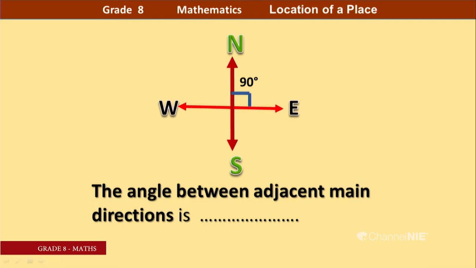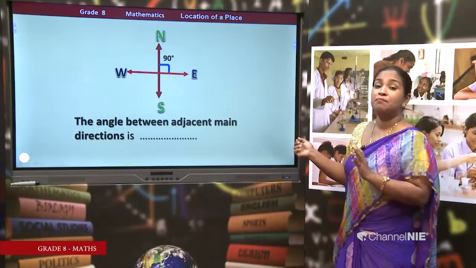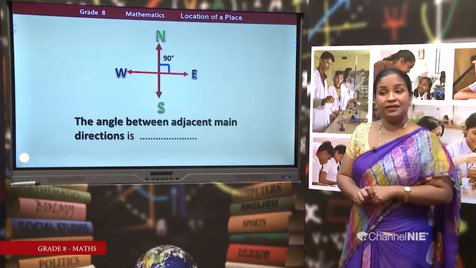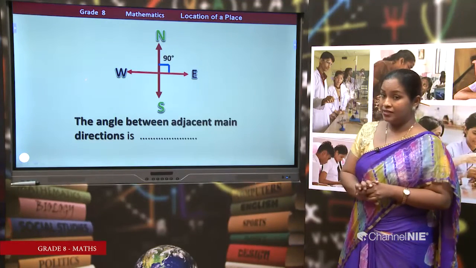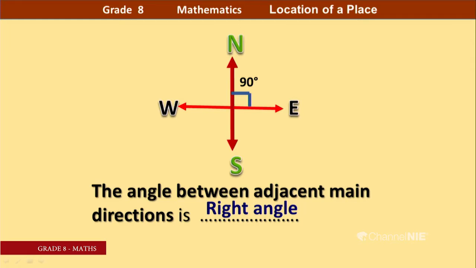So, adjacent angles. You learned adjacent angles in the first term in the angle lesson. Good. I hope you could remember that. So, here we are comparing adjacent main directions. The angle between adjacent main directions is 90 degrees, or you can call it a right angle.